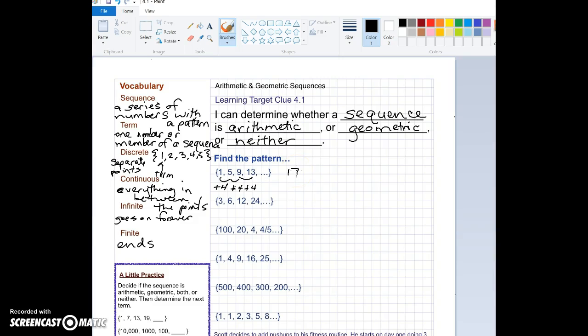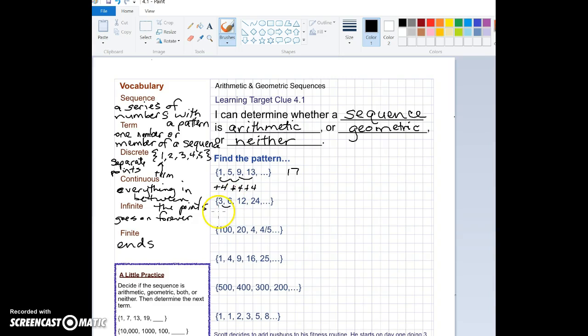Let's look at the next one. 3, 6, 12, 24. This is a sequence. Am I adding a number to get to the next term in the sequence? Well, in this situation, I'm not. To get from 3 to 6, I did add 3, but to get from 6 to 12, I didn't add 3, did I?